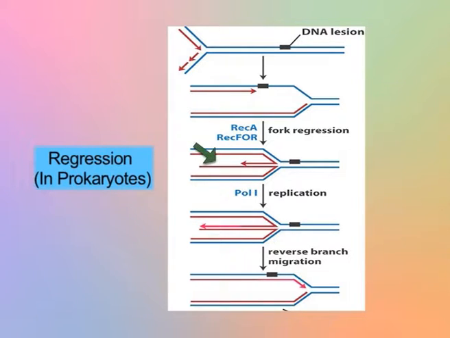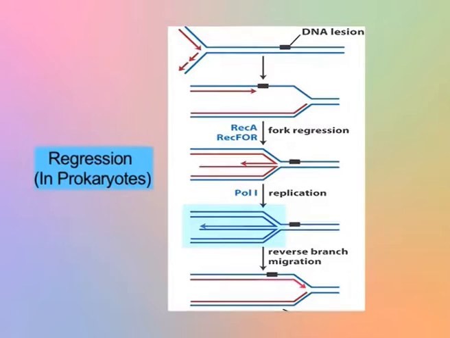That particular lagging strand will be taken as a template to synthesize and to bypass the lesion present in the original mother strand. In prokaryotes, that is mediated by the RecF, O, R pathway, and this RecFOR, with the help of RecJ also, recruits the RecA protein to serve this purpose.